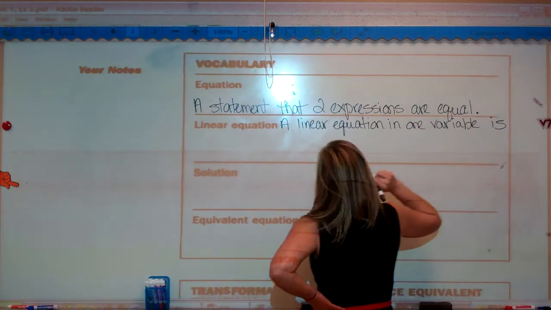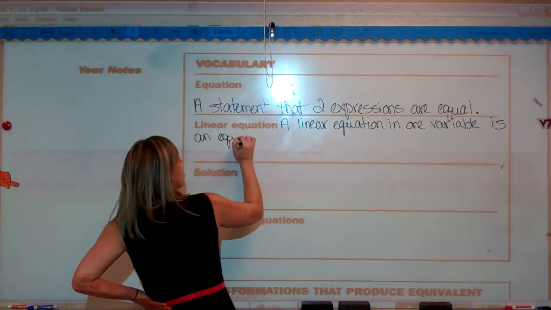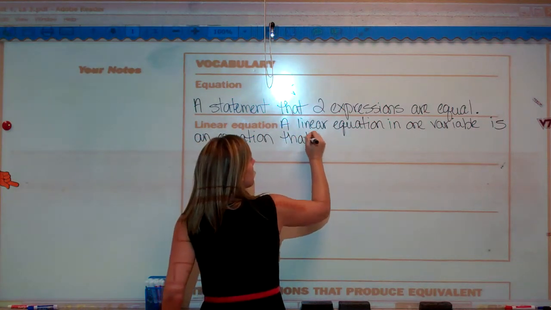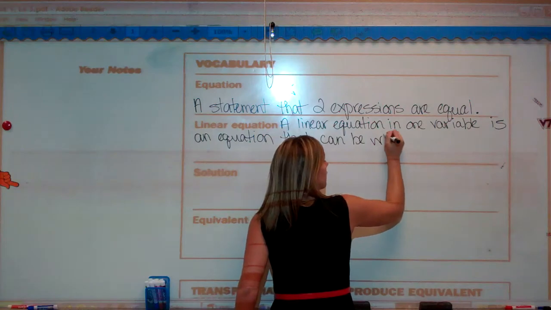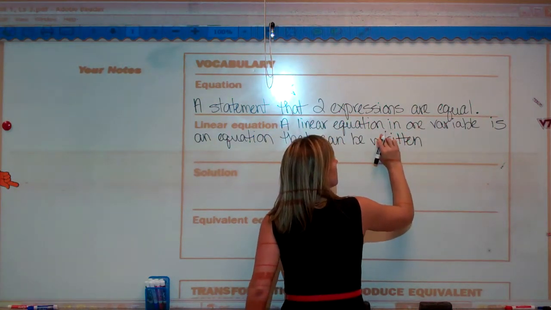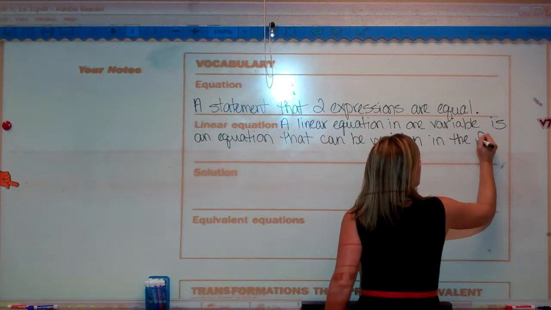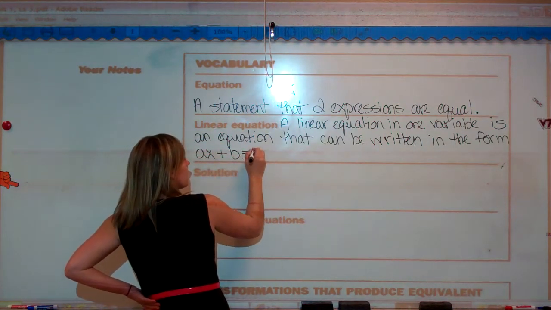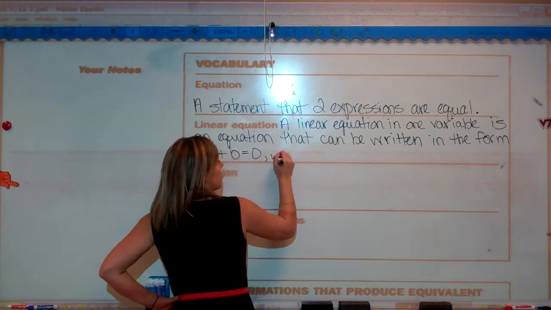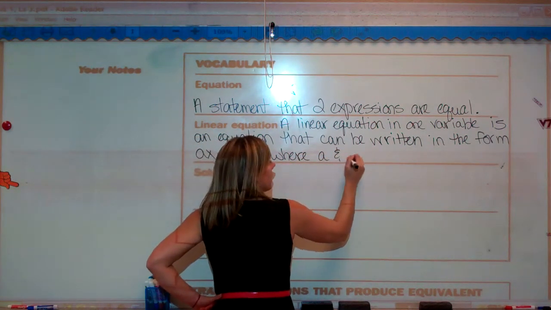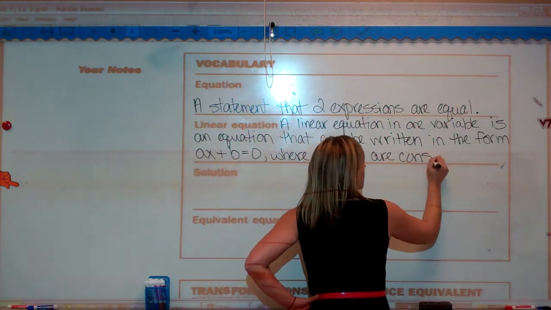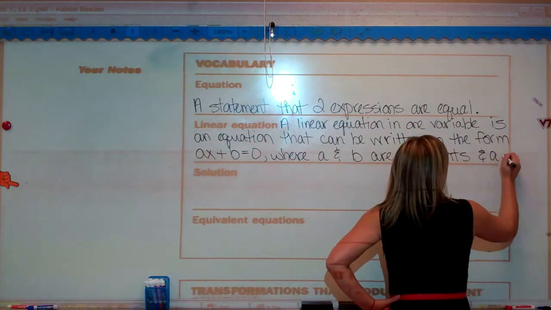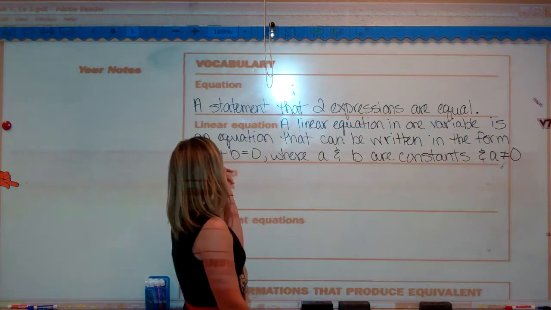Is an equation that can be written in the form ax plus b equals 0, where a and b are constants, and a does not equal 0, because if a equals 0, then you wouldn't have a variable, okay?